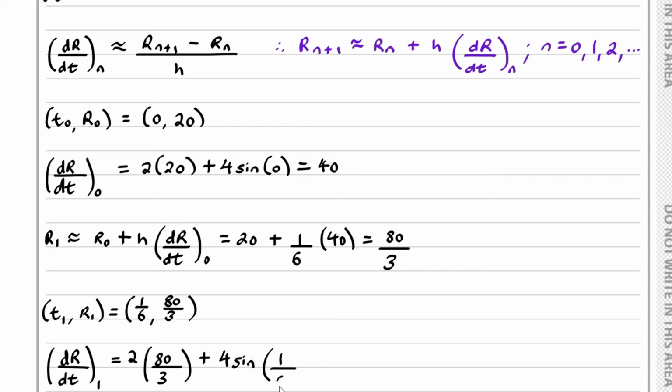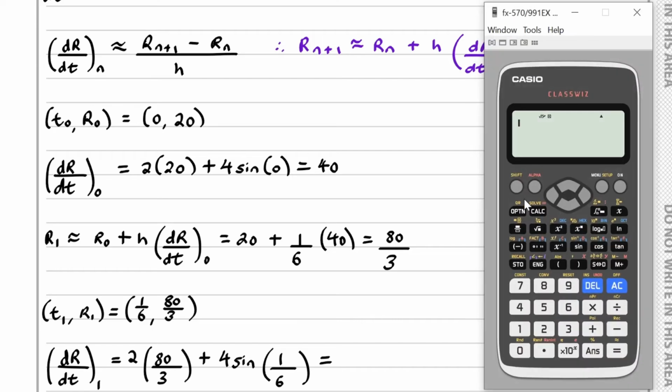And if we work this out using our calculator, first of all make sure that we're in radians. We have 2 lots of 80 over 3 plus 4 times the sin of 1/6. It turns out we get 53.99, etc.